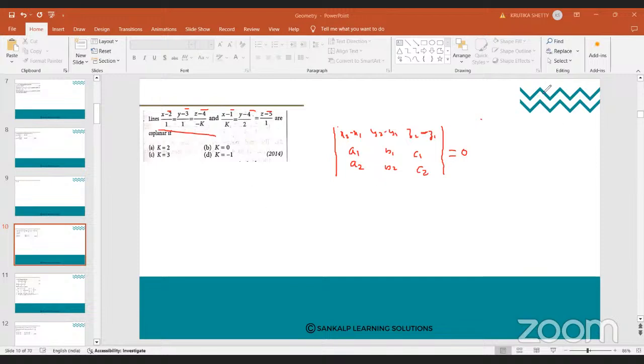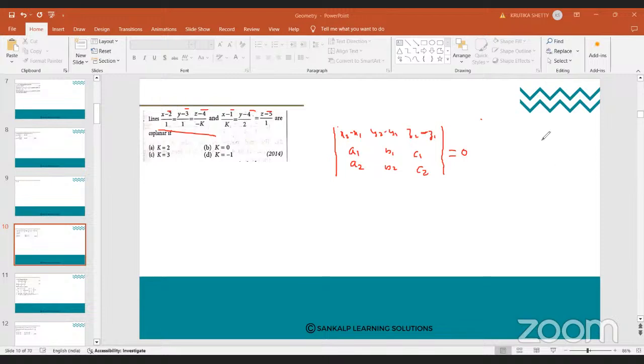Pay attention. Here 1, minus 4, 5 are the values of x2, y2 and z2, and the x1, y1, z1 values are 2, 3 and 4.